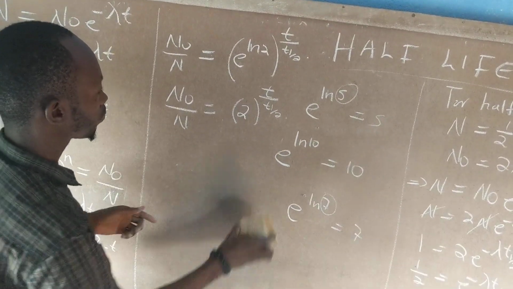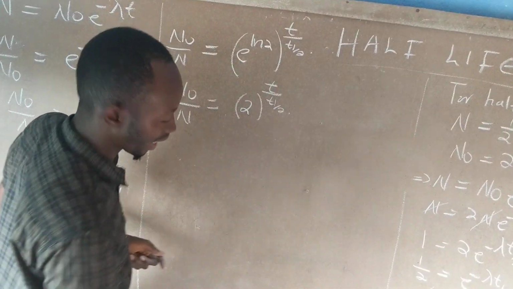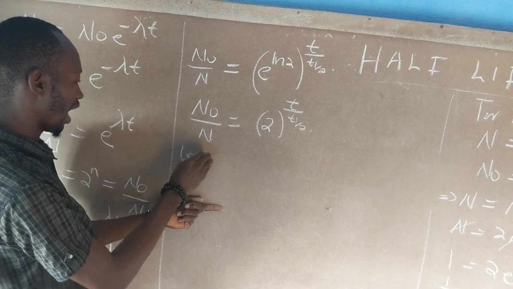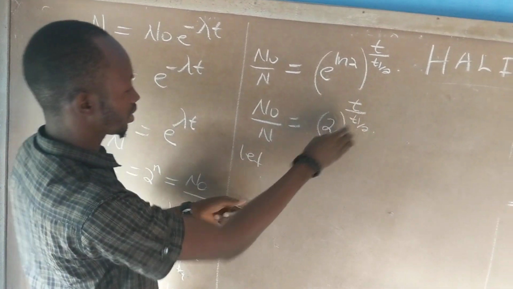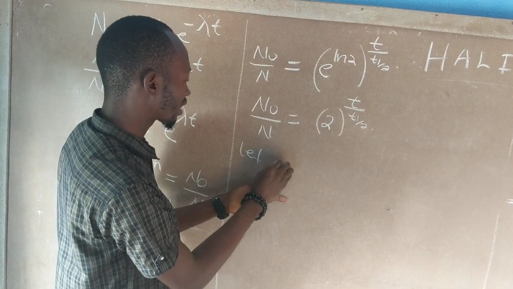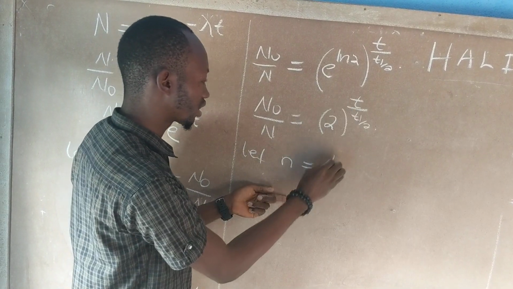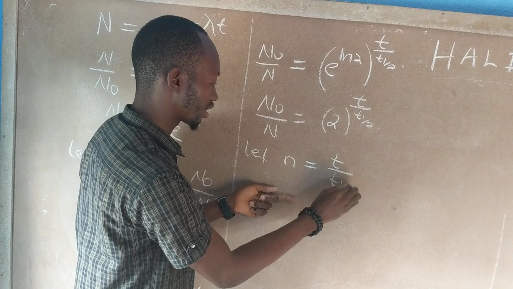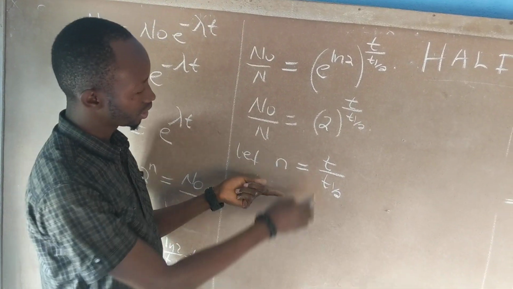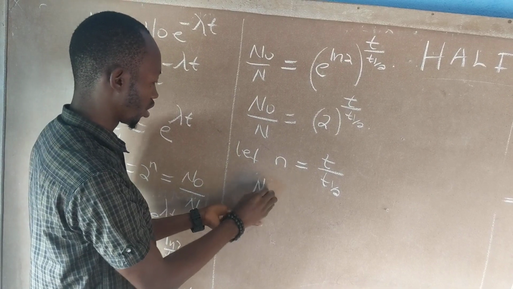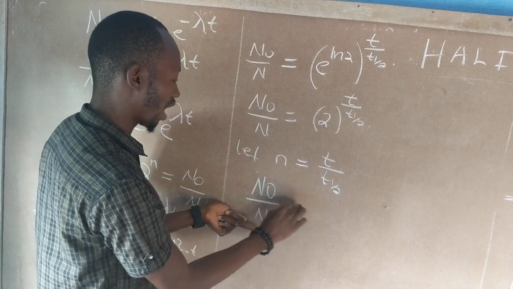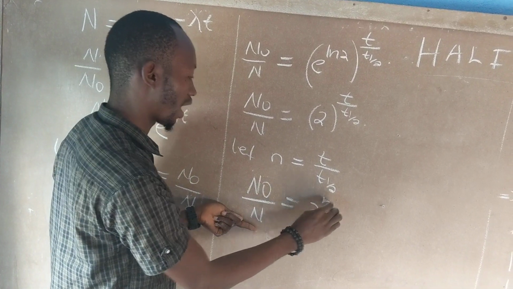So in this form, as what we did here, let n equal t over T half. So we have t over T half represented as n. This equation becomes N0 over N equals 2 raised to the power n.